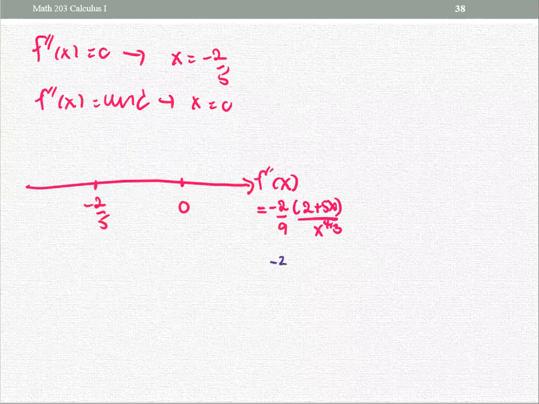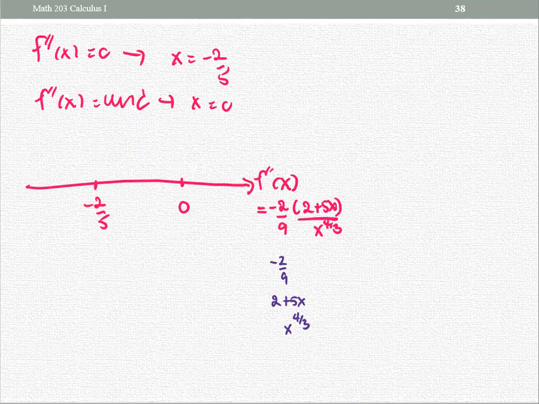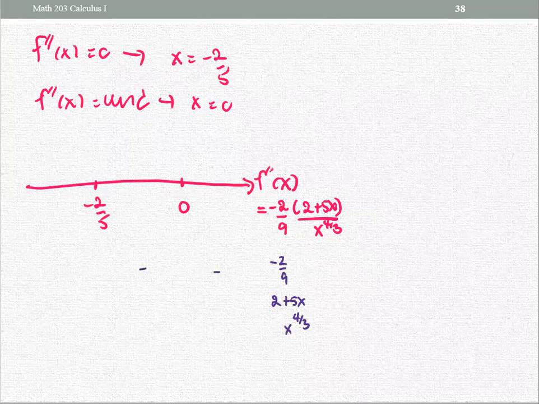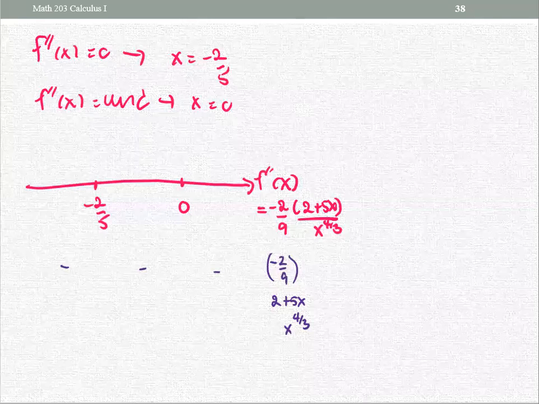For the number negative 2 over 9, for the factor 2 plus 5x, for the factor x to the power 4 over 3. The number negative 2 over 9, that's a negative sign, negative number.